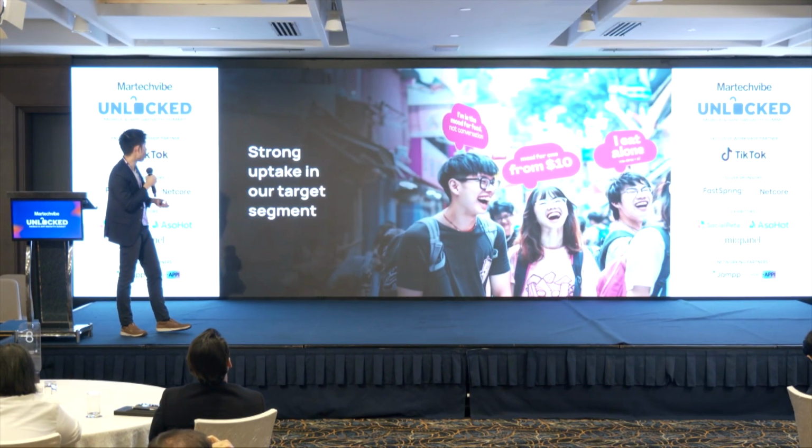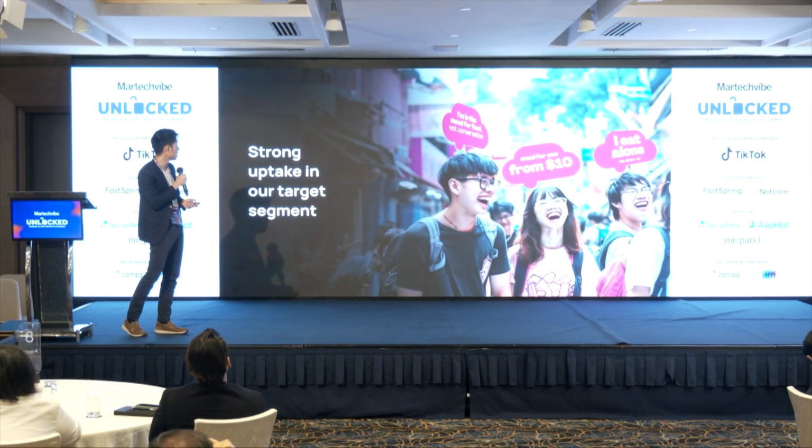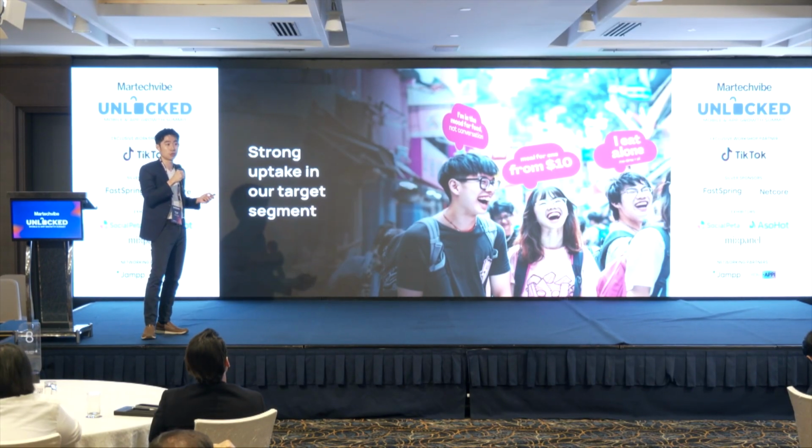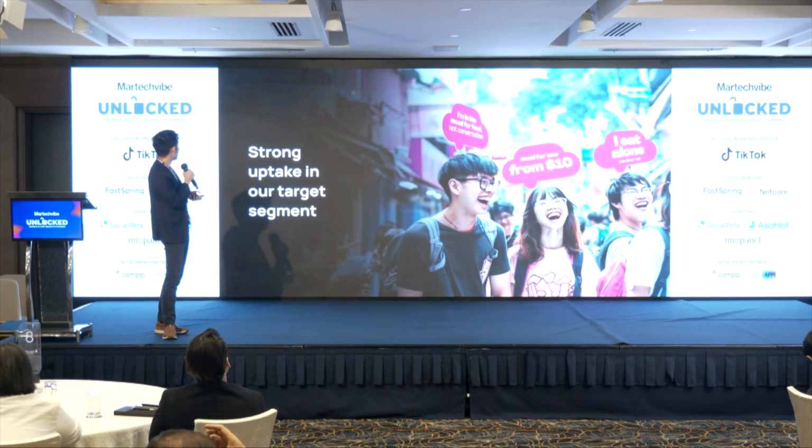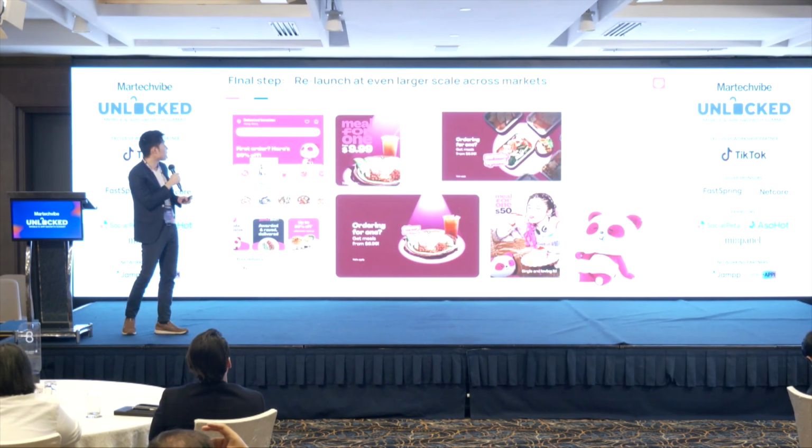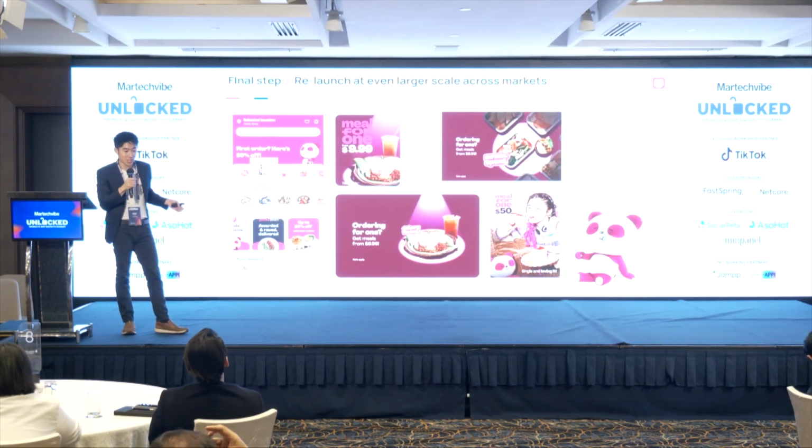So it had very strong uptake in our target segments, and we saw it especially in a lot of the cities that we operate in. Hong Kong, Manila, Singapore see quite a lot of interest in this. And eventually, of course, as we rolled this out, we started to adjust a lot of the parameters. We adjusted the prices that we set across markets. We made sure they were competitive.